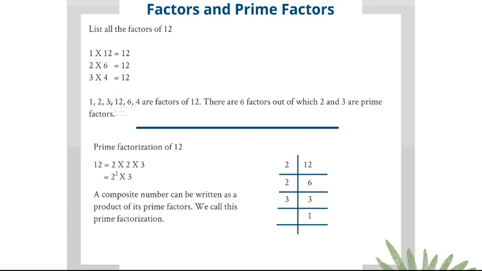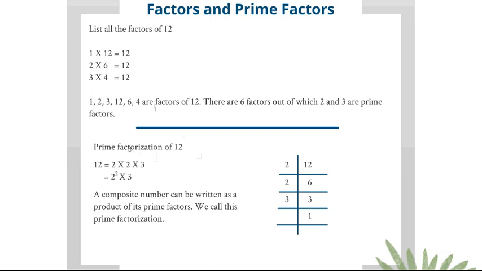Every number is a factor of itself because 12 divided by itself, 12, equals 1. And 1 here is not a prime number, so it's not a prime factor, but it is a factor. 1 is a factor of every number because every number can be divided by 1 to give you itself. And that is a whole number.